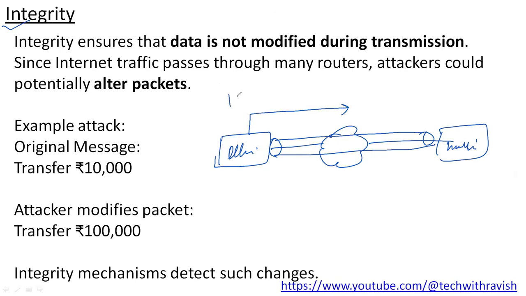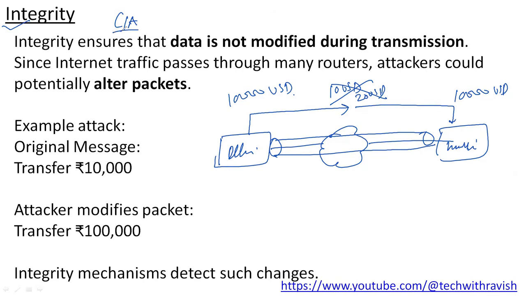If I'm sending a message that I need 10,000 US dollars to be forwarded from the client, the same message will be received. It will not be converted to 10 USD or 20 USD. So this is not possible. Well, the CIA methods, confidentiality and integrity, provide that.